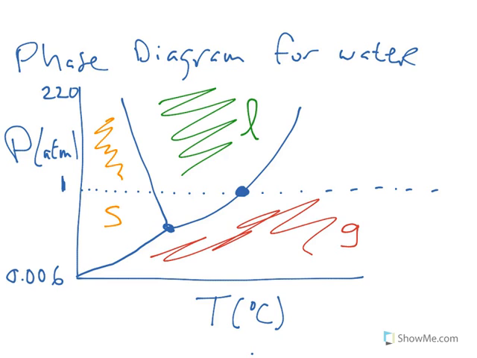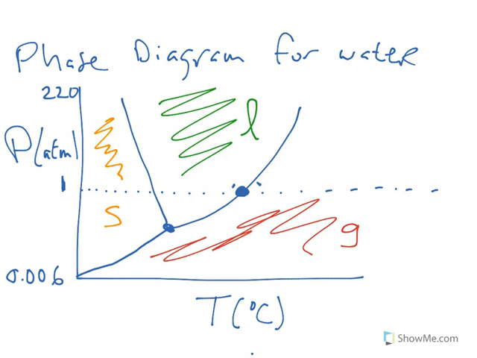At 1 atmosphere, where we touch this curve, if we're just to the left, over here, that tells us we're in the liquid phase. If we're just to the right, that means we're in the gas phase. So at 1 atmosphere, where we transition from liquid to gas phase, that's defined as the boiling point, in this case, of water.